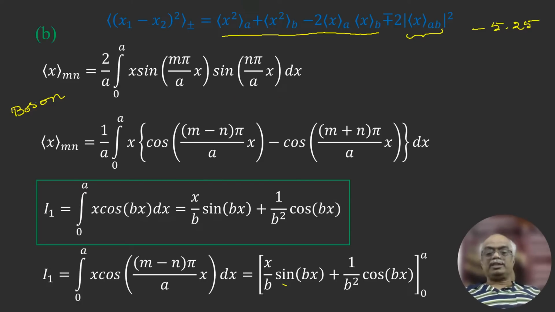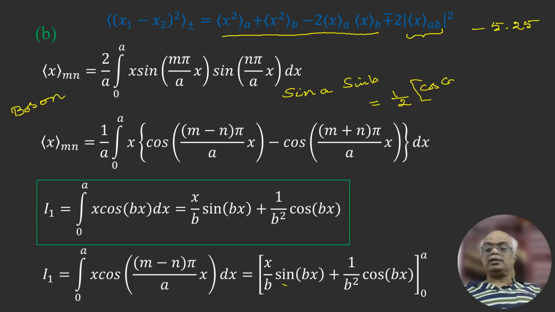So you know very well that sin A sin P is equal to 1 over 2 times cos(A minus P) minus cos(A plus P).